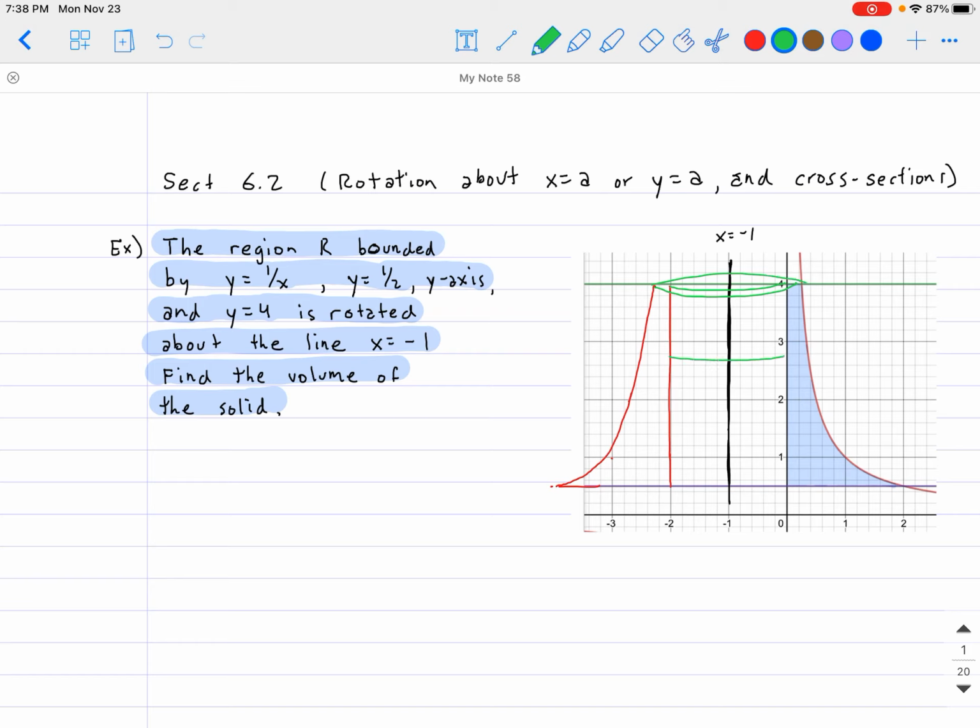Here is another cross section, and here is the other piece. Let me make a little bit of thickness so you can see that it is going to be a washer. Then maybe draw one more for good measure. Here's the last piece of the cross section, and you can create infinitely many of these.